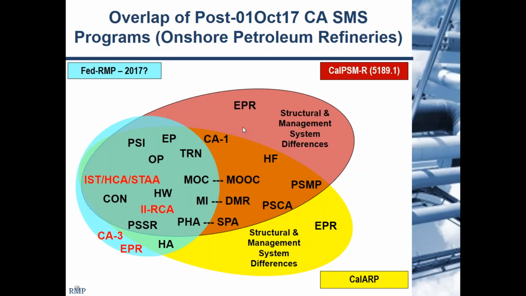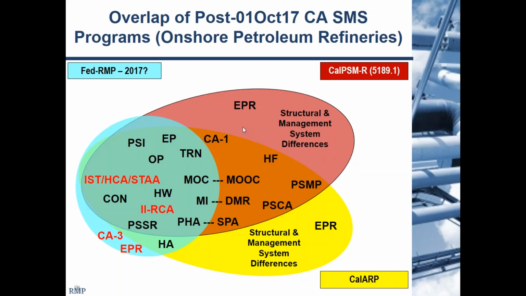In the pink, you see the Cal PSM for refineries, 5189.1 requirements, and in yellow, CalARP Program 4. Essentially, there have been a lot of efforts made, a lot of meetings with the interagency refinery working task force, and also the various agencies involved to synchronize these as much as possible.